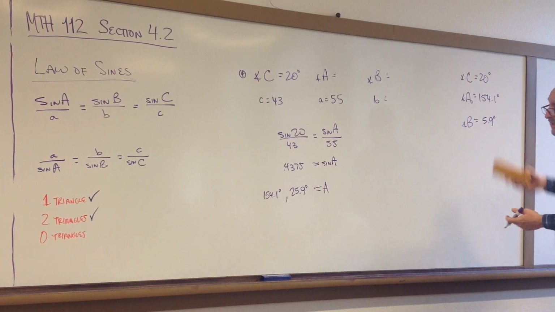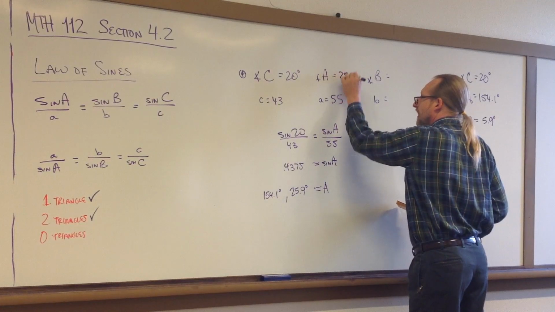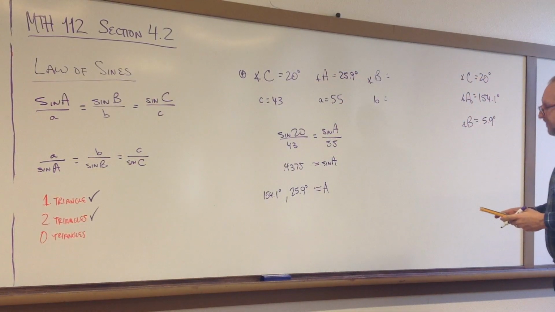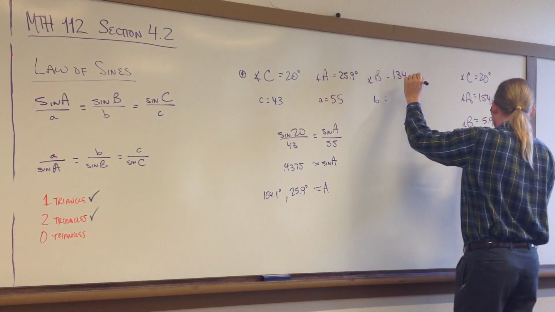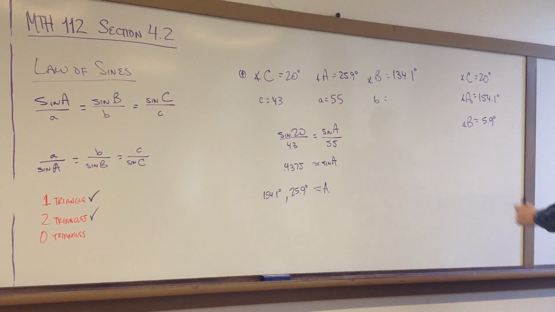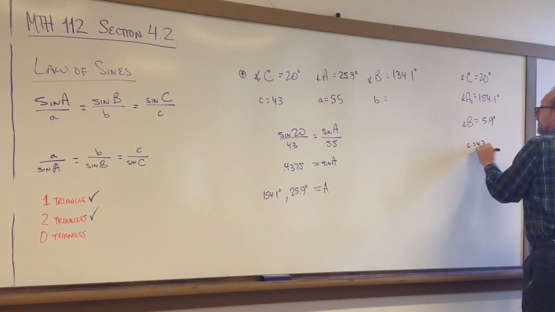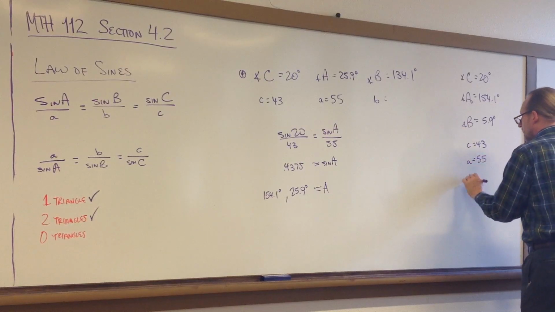All right, well that still works. The other possibility here is the 25.9 degrees. And that would be, what, 45.9. So that would make this one 134.1 degrees. Okay, so we've got two possibilities for angle B, two possible triangles.